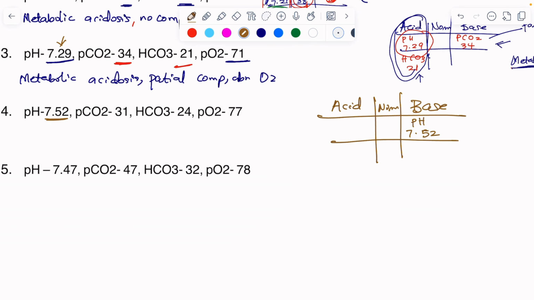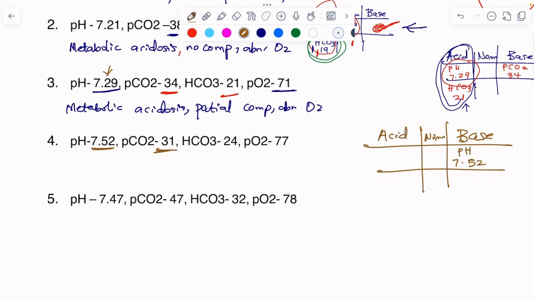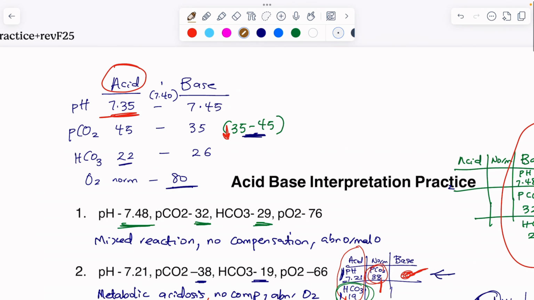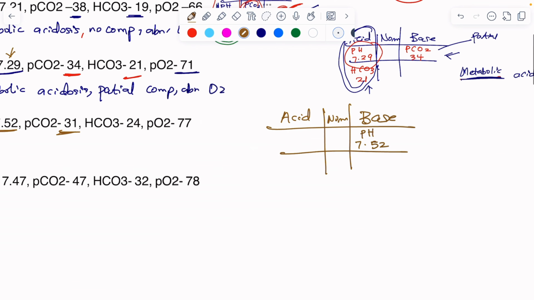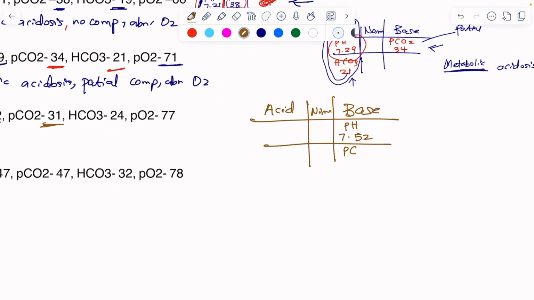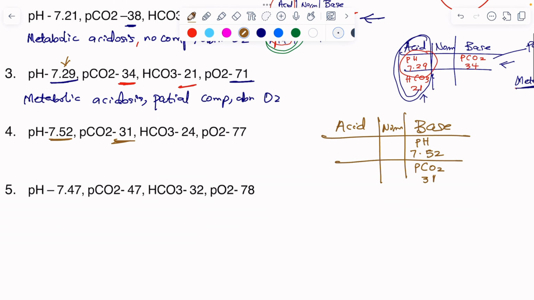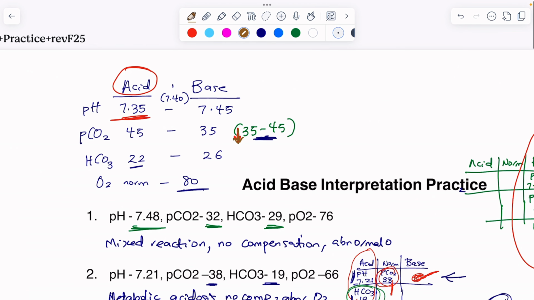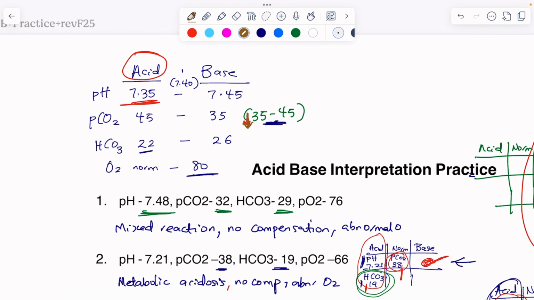We have our PCO2, which is 31, and you can see that is also basic because it's less than 35. So PCO2 31, and then we have our HCO3, which is 24. Guess what? That is between normal range. 24 is somewhere hiding here.